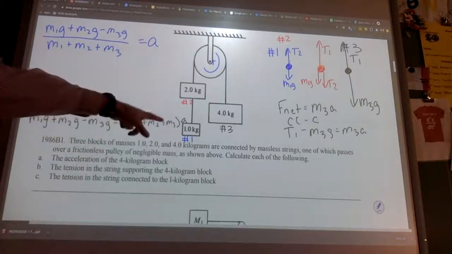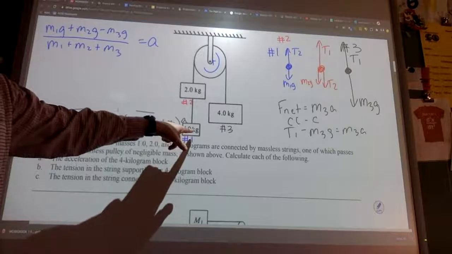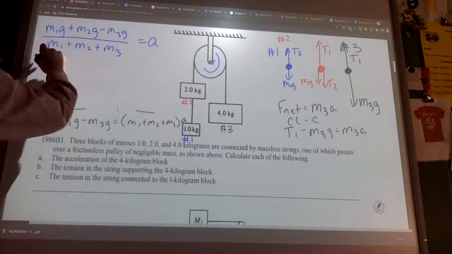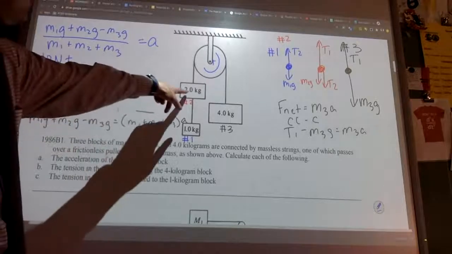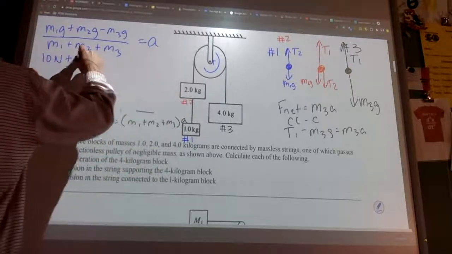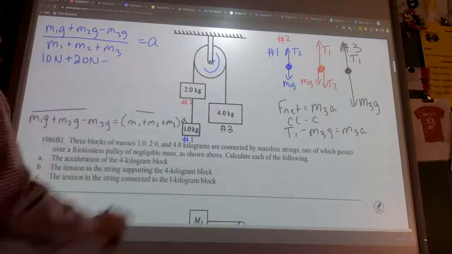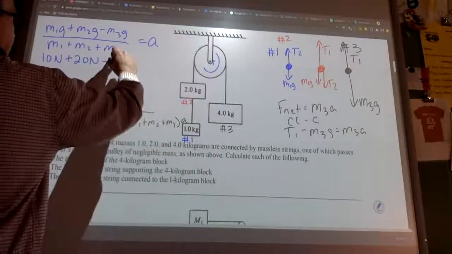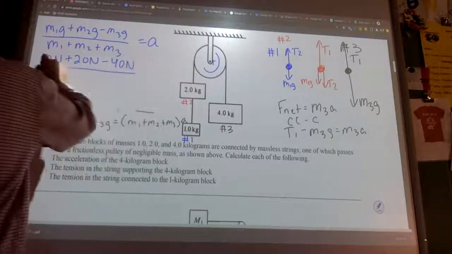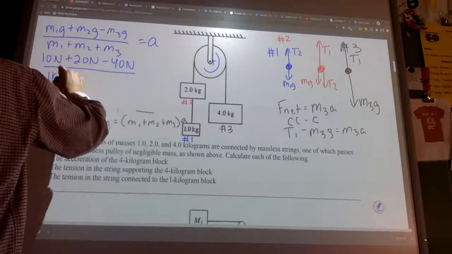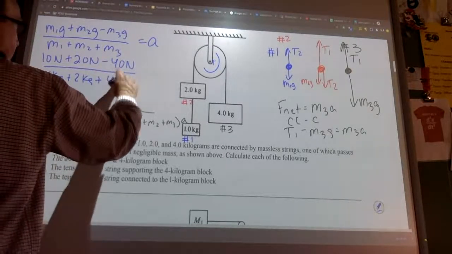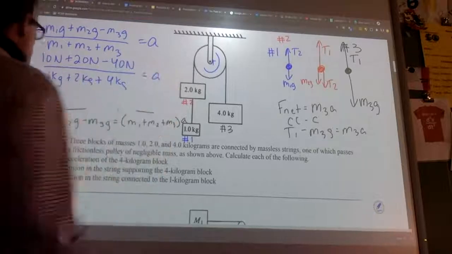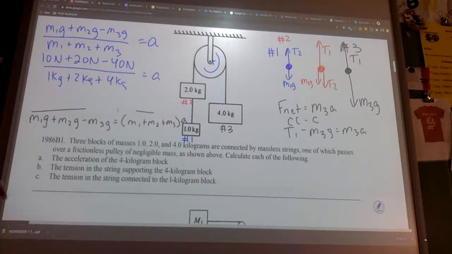Let's plug in. M1G would be 1 times 10. M times G would be 10, so I have 10 newtons. M2G would be 2 times 10. I have 20 newtons. M3G would be 4 times 10. I have 40 newtons. And on the bottom, I'm going to have 1 kilogram plus 2 kilograms plus 4 kilograms. What do I end up with?